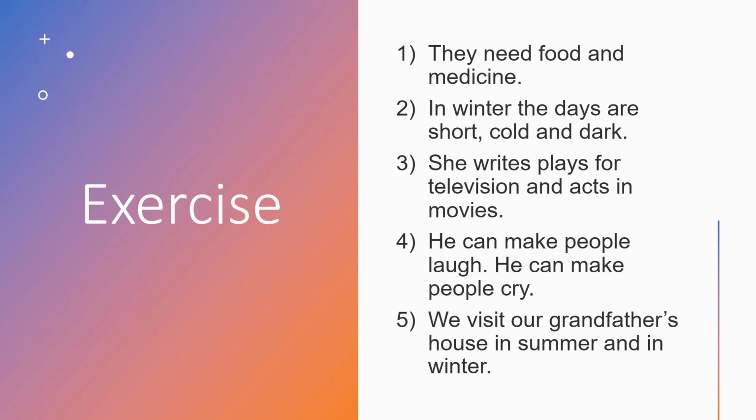He can make people cry. The answer is he can not only make people laugh but also cry. Fifth, we visit our grandfather's house in summer and in winter. The answer is we visit our grandfather's house not only in summer but also in winter.